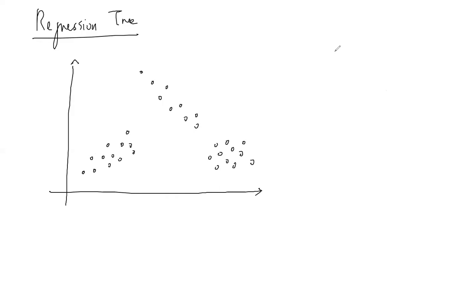This is your X, this is your Y, right? If you do a global regression, what are you going to get? That means you do a global regression model. Will this actually work?